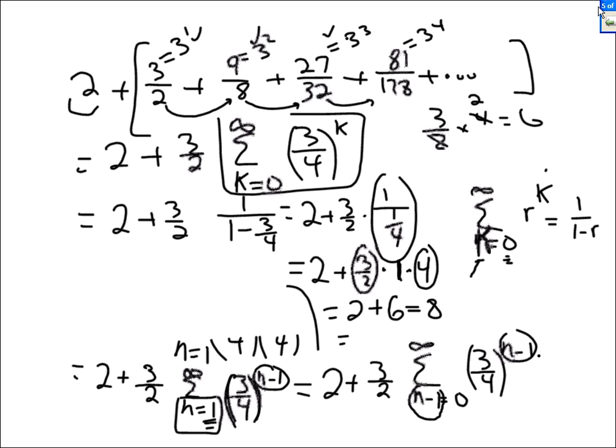Then multiply by 1 and you still get 6. 2 plus 6 is 8. That initial problem equals 8. This sum, forever and ever, I can tell you exactly what it equals. It equals 8.